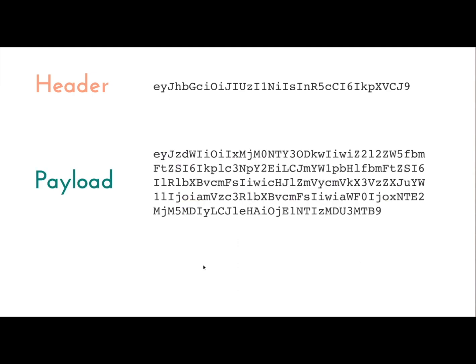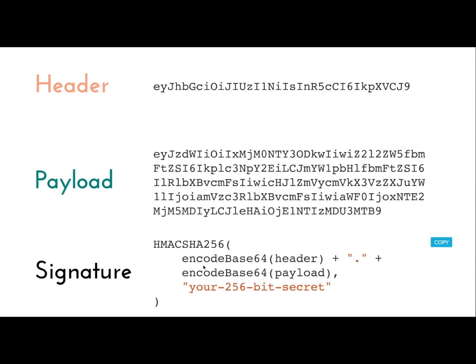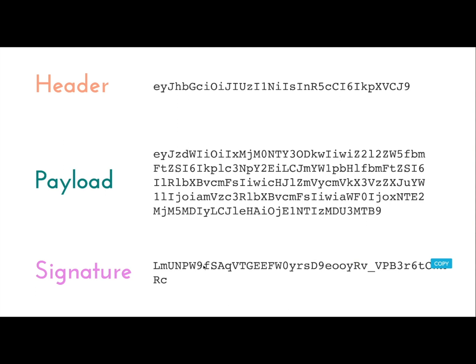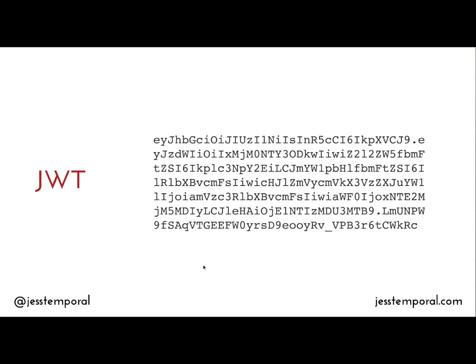Notice the difference in size. Finally, we can create the signature by taking the payload and the header and passing them along to the algorithm together with the secret, because this is the HMAC SHA-256 algorithm, and then we get the signature of the token. If we bundle all of these pieces together by concatenating them with periods, we get our token.